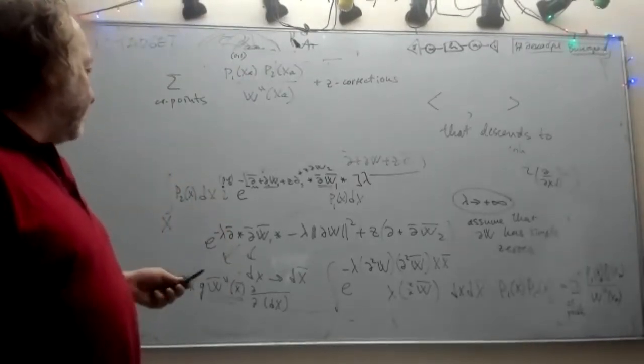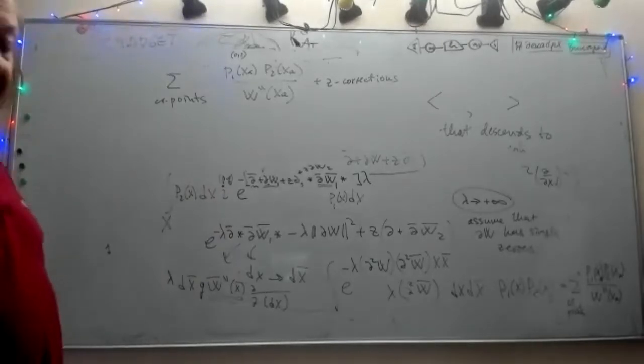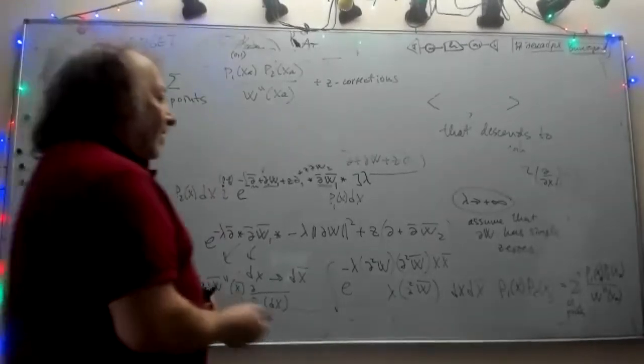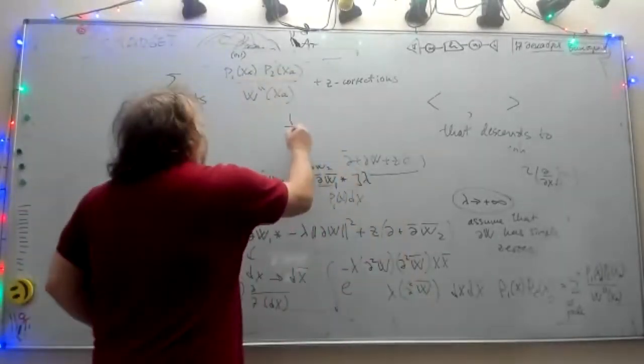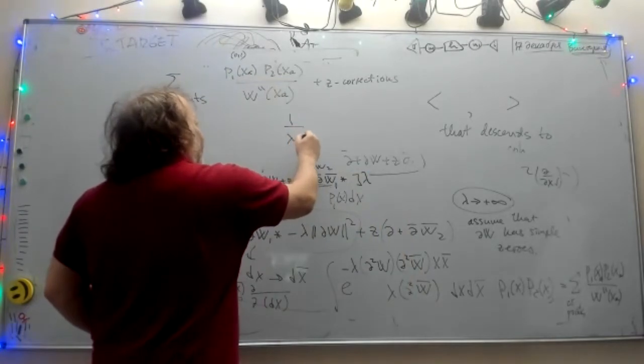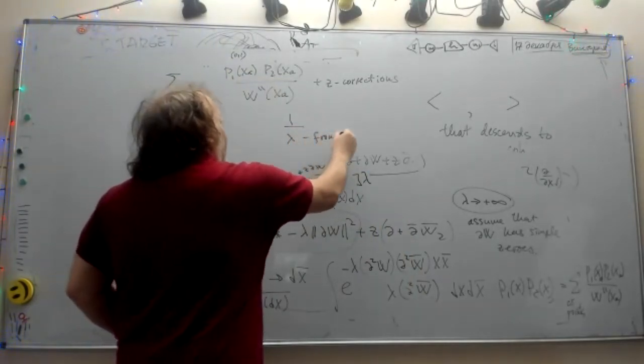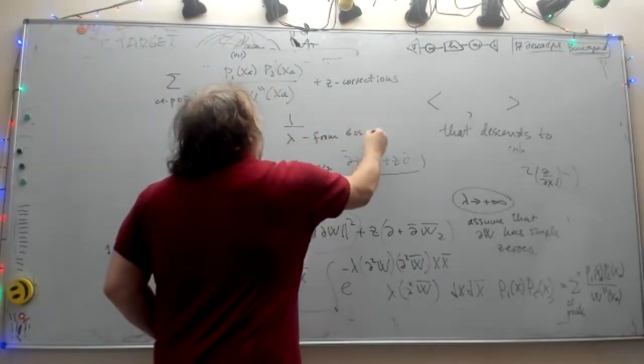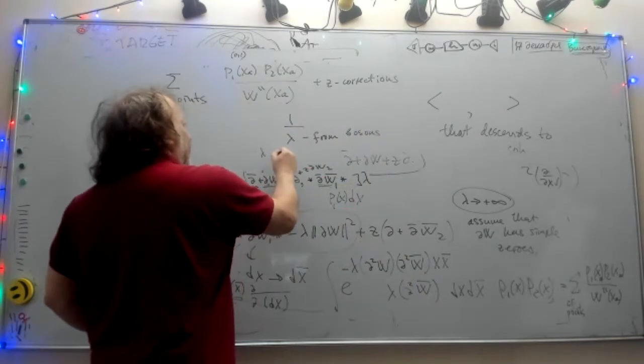And I see how nicely lambdas are cancelled, because I actually have 1 over lambda from bosons, from x's, and lambda from fermions.